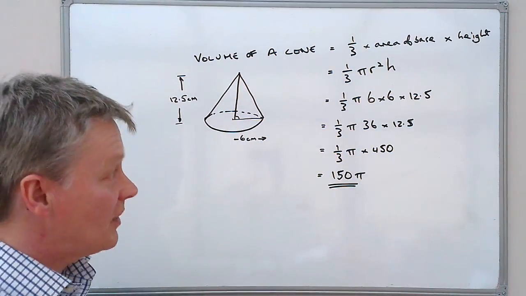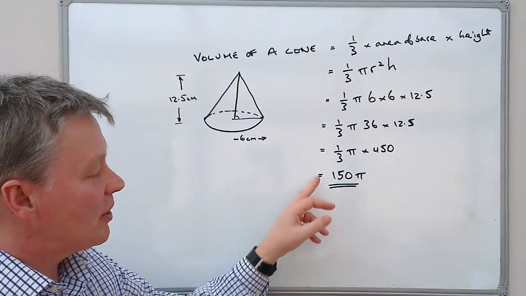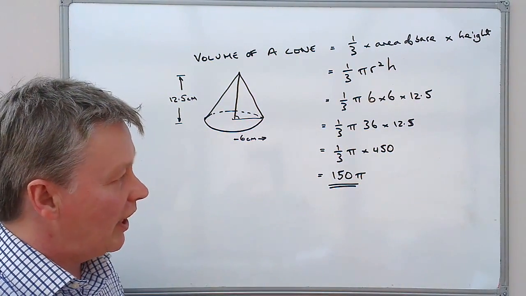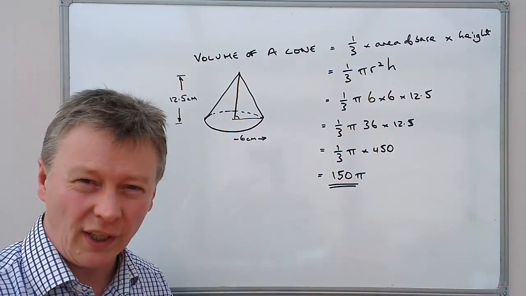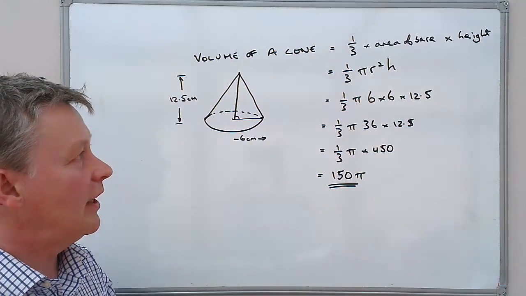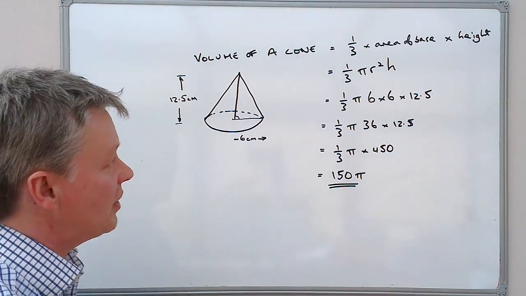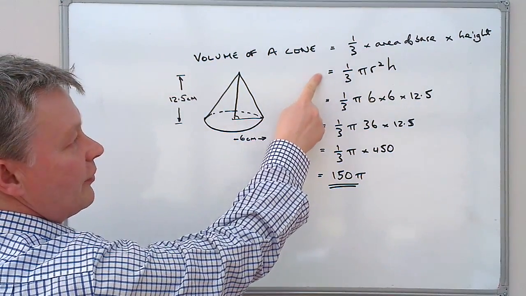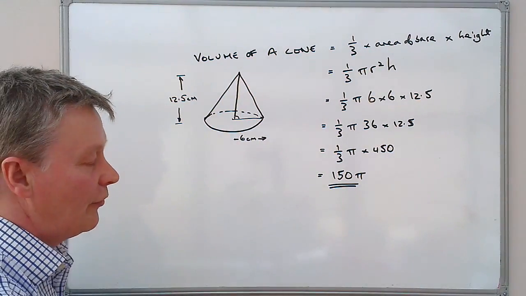So that would answer the question for the volume of the cone in terms of pi. Okay, and also I think if you see the numbers are coming up and they work out relatively straightforward, then it will give you some indication that you're on the correct track. And you can see that what I've done there is I've worked it through very logically all the way through, and that will give me that volume.